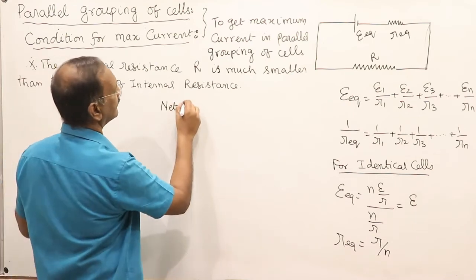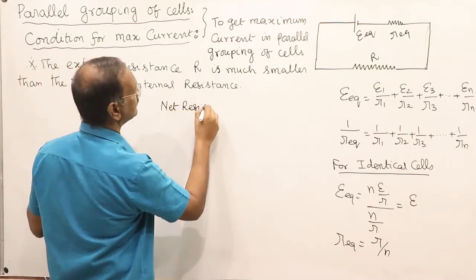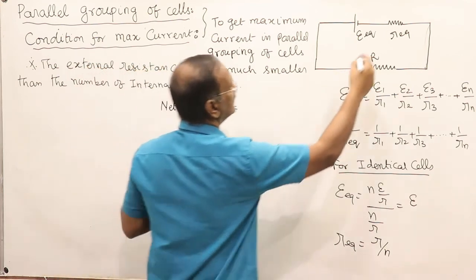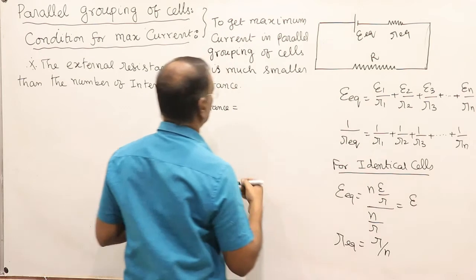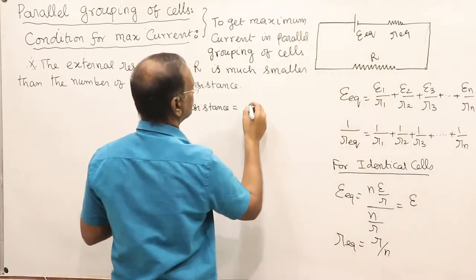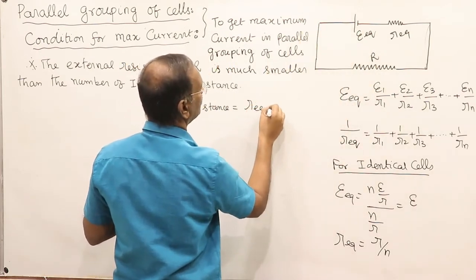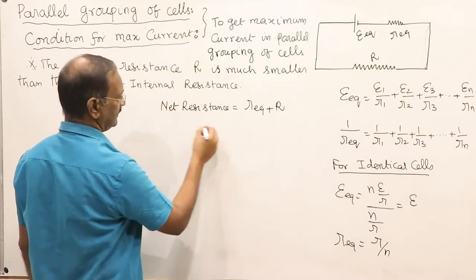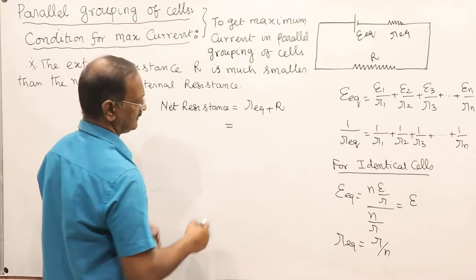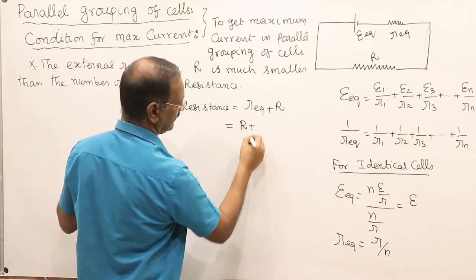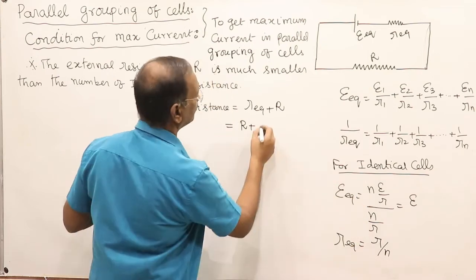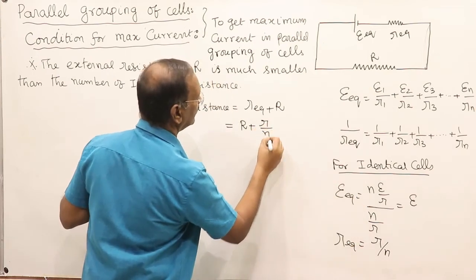Net resistance is equal to R equivalent plus R, since all are in series. So net resistance can be written as R plus R equivalent. R equivalent for n identical cells is equal to r divided by n.